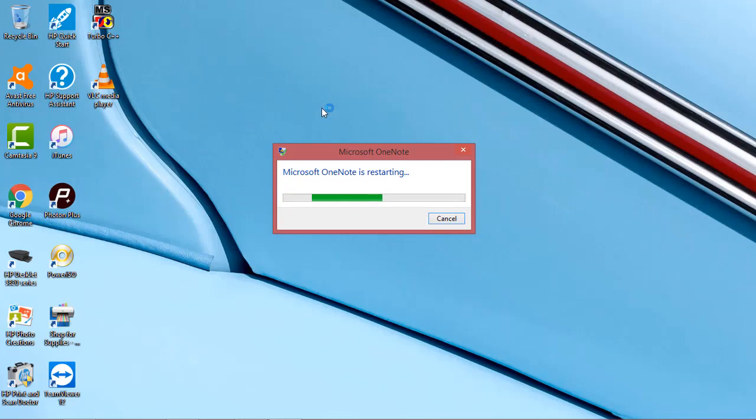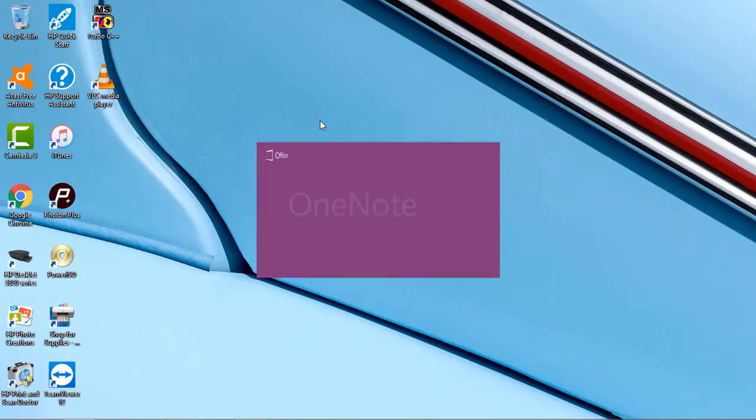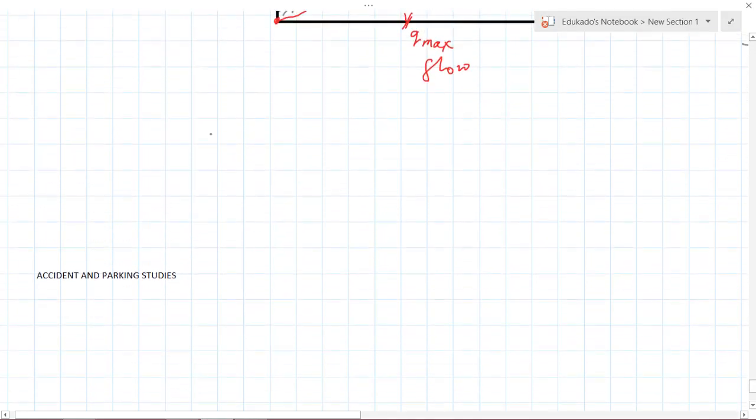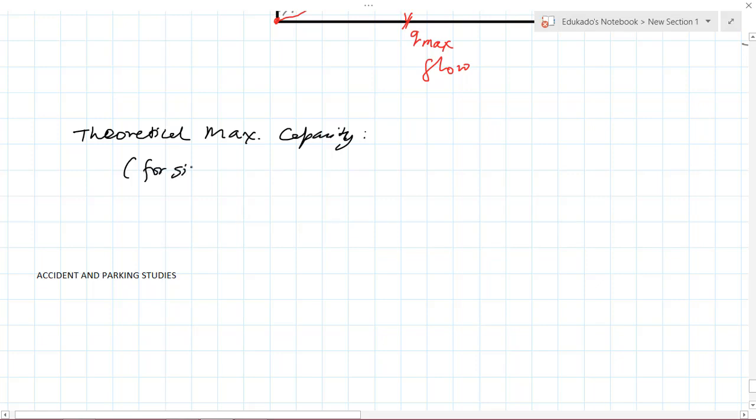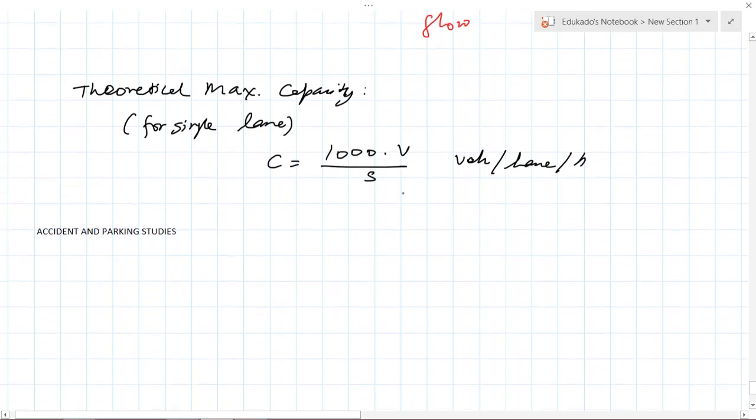Now this can be calculated for a single lane, like C is equal to 1000 times V over S, and the unit is vehicles per lane per hour. Now what are these things?